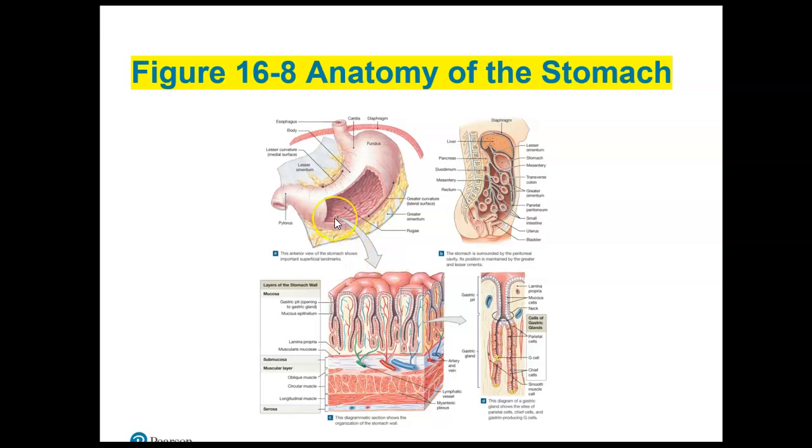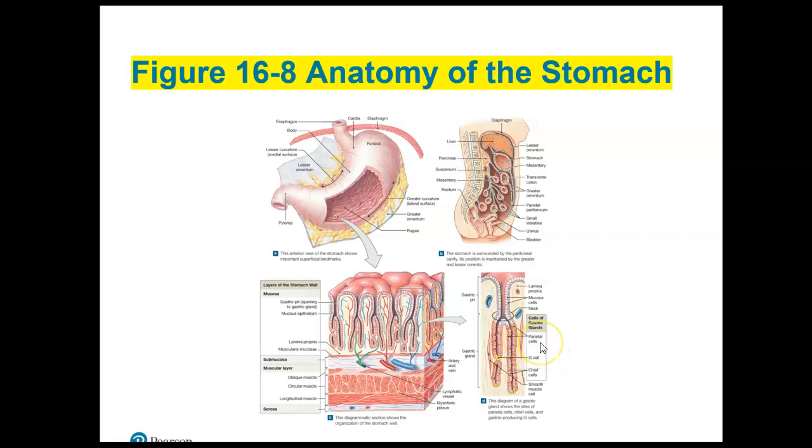When we blow up a little section of rugae, we can see more folding, and in the mucosa you have gastric pits and gastric glands. And the gastric glands have the following cells.